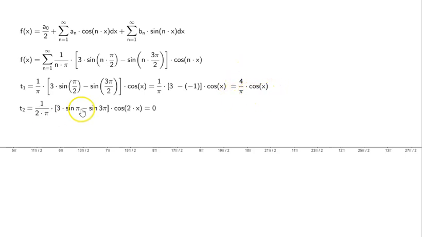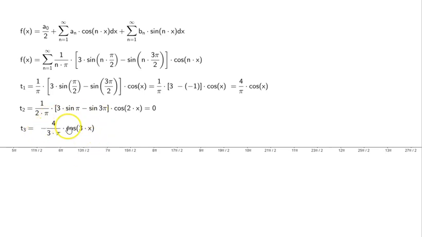Now the second term. So n equal to 2. So 1 by 2 pi times 3 times sine 2 times pi by 2. 2 cancel out, pi. But sine pi is 0. Here 2 cancel out. So 3 pi is also 0. So that means T2 is 0.